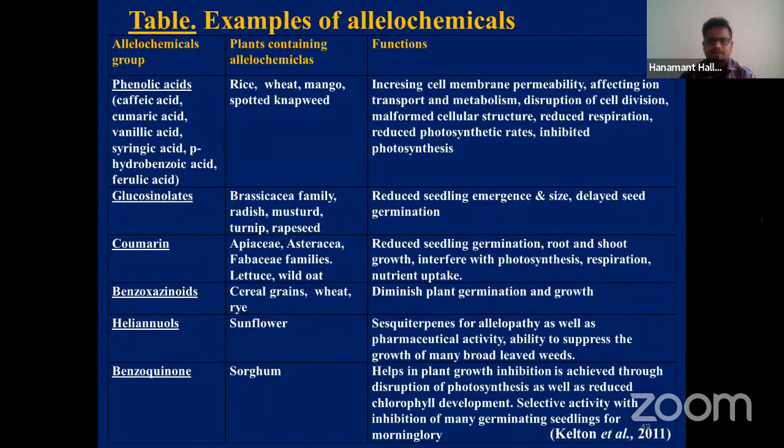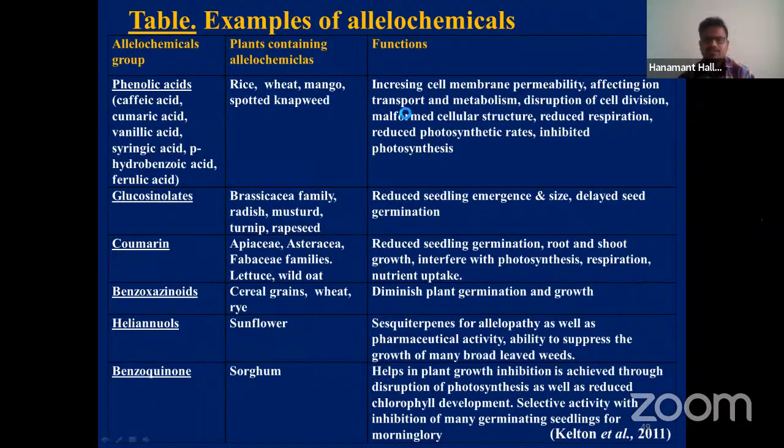Then these are examples of allelochemicals. The first allelochemical group is phenolic acids. That group includes different acids, that is caffeic acid, fumaric acid, phenolic acid, synergic acid, and hydroxybenzoic acid. Plants containing these allelochemicals are rice, wheat, mango, and spotted knapweed.